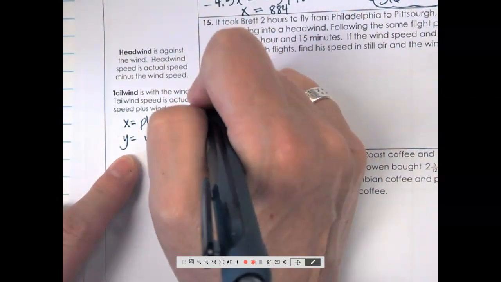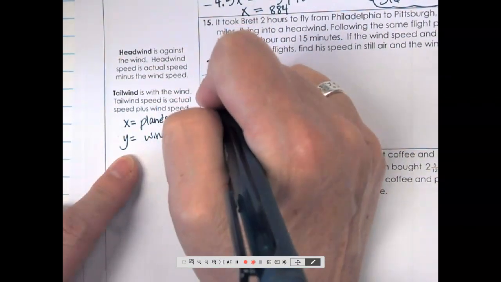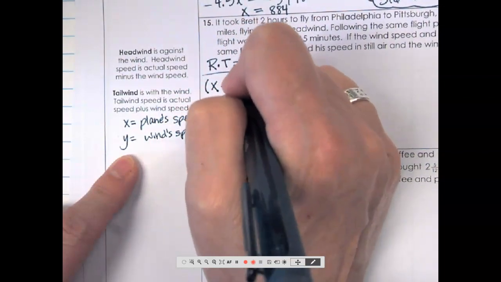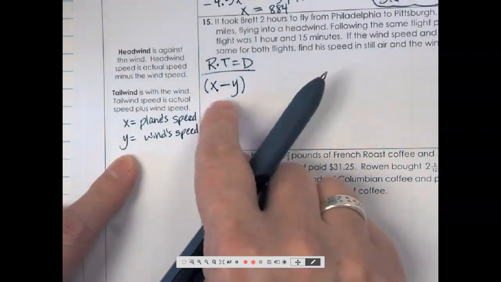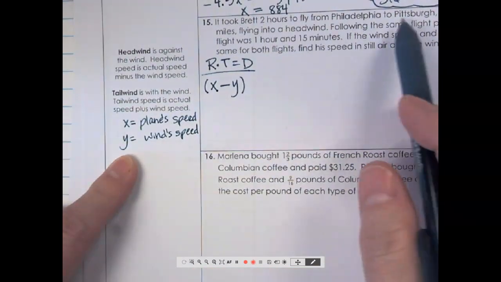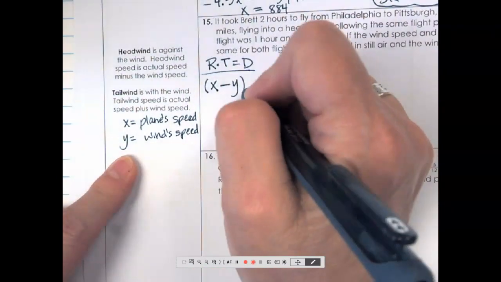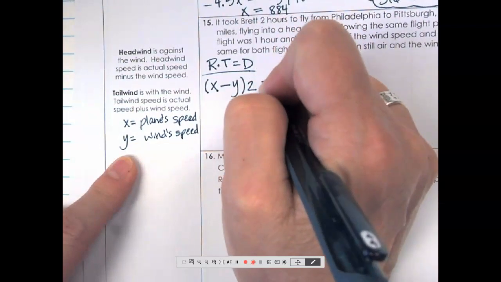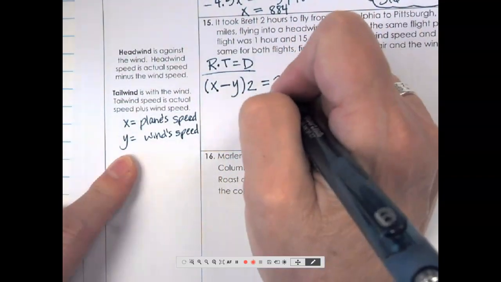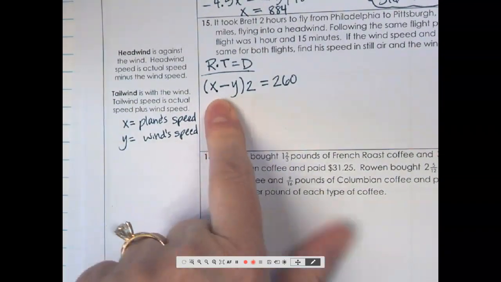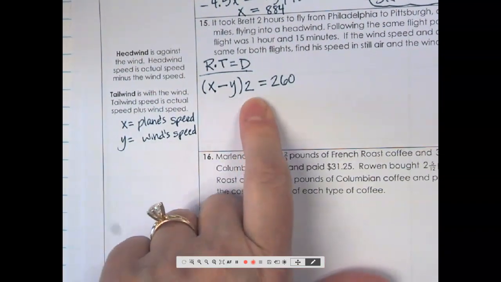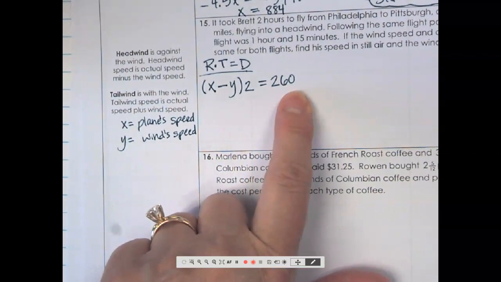So his rate will be however fast the plane is going minus the wind that's working against it. So that's the rate. How long did he travel? 2 hours. And distance was 260 miles. So that's his rate in parentheses, his time, and his distance.